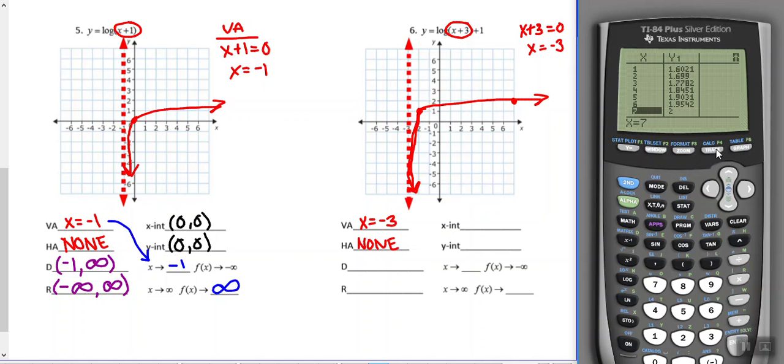So we are going to go second, trace, option 2. Get as close as you can to your x-intercept, and then left bound we go left twice, enter. Right bound we go right 4 times, enter, guess, enter. So my x-intercept is at -2.9, 0.